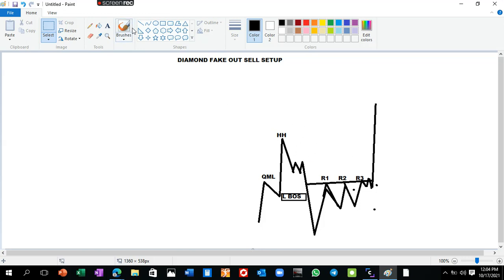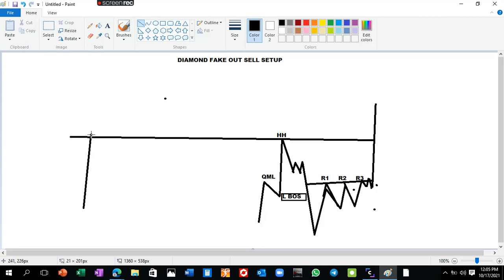Number two is that you have to make sure that this level right here is not acting as resistance in the past. You have to make sure that this level here, this higher high you had, is not acting as resistance or support in the past. So what usually happens is this.